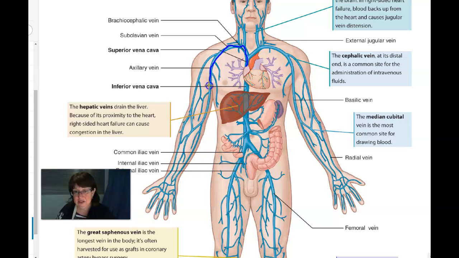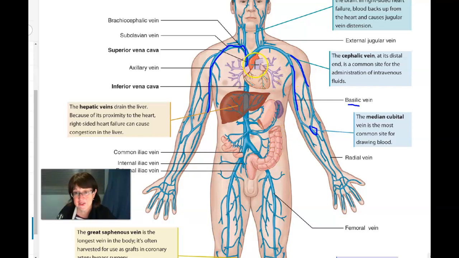Then there's the one on the inside, the basilic, right here, okay? And the one on the outside is the cephalic. Cephalic, basilic. And then the medial cubital vein, and that is the one where you most commonly draw blood from.